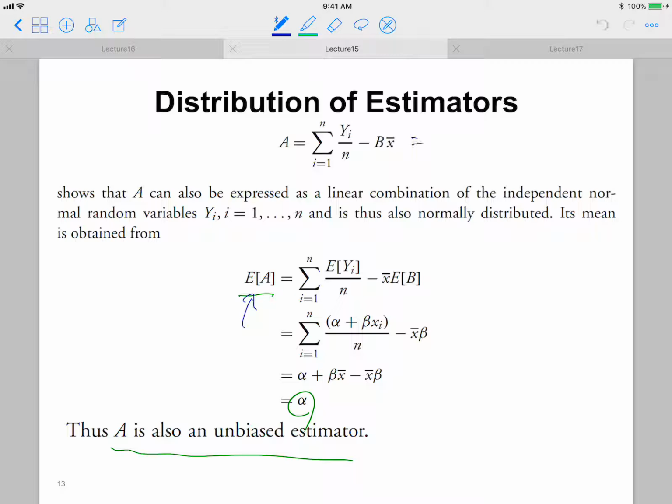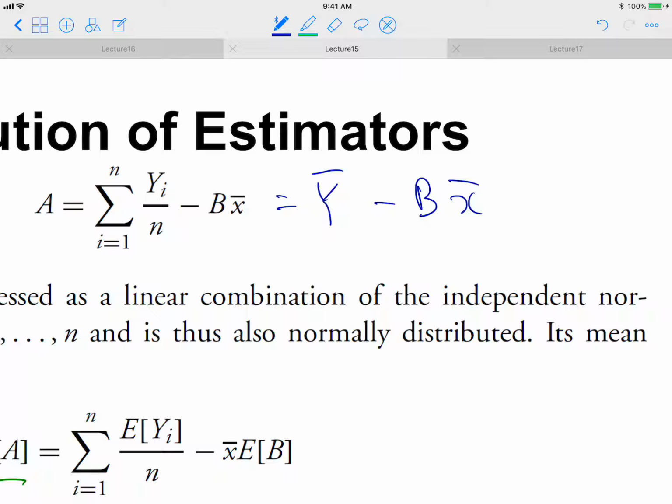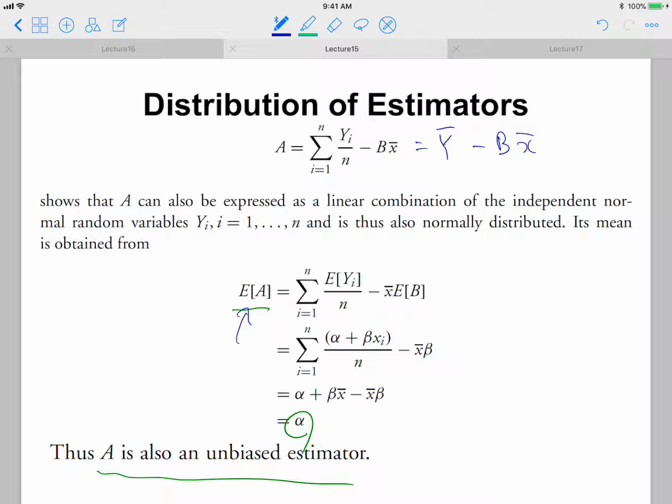So A was y bar minus b x bar. This was our formula for A, the intercept, our y-intercept. That was making our regression line. We have a center point with respect to x and y.